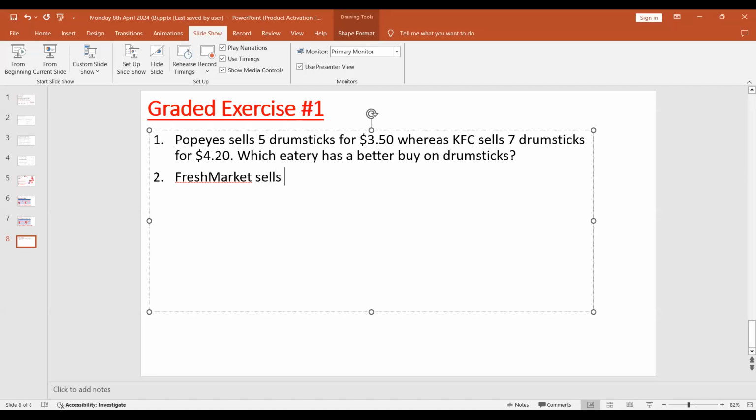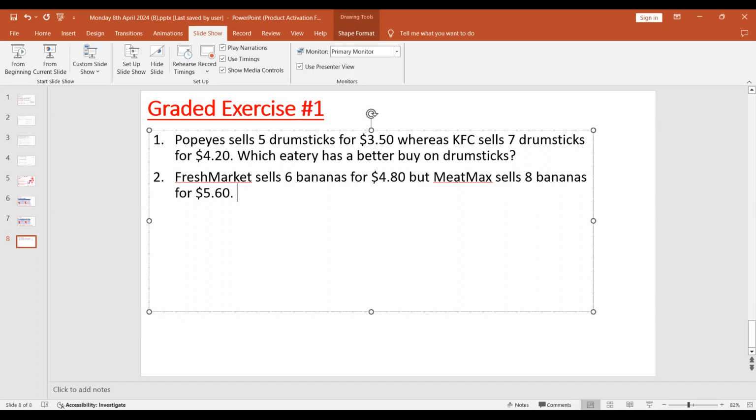Fresh Market sells 6 bananas for $4.80, but Meat Marks sells 8 bananas for $5.60.